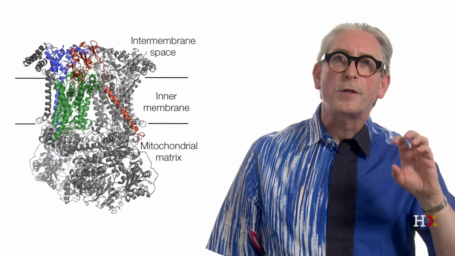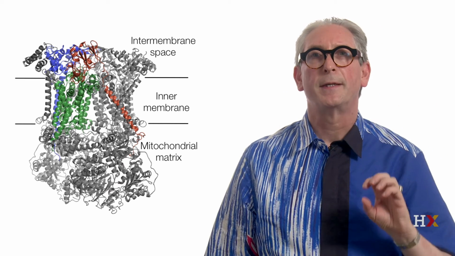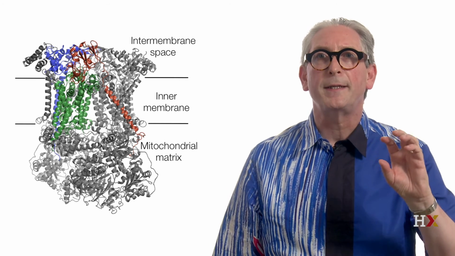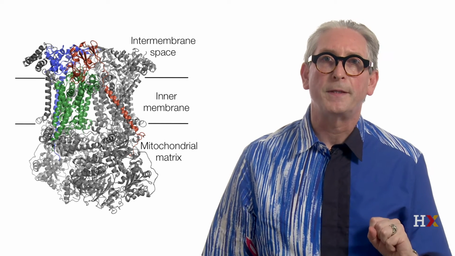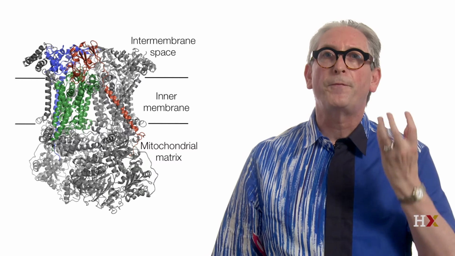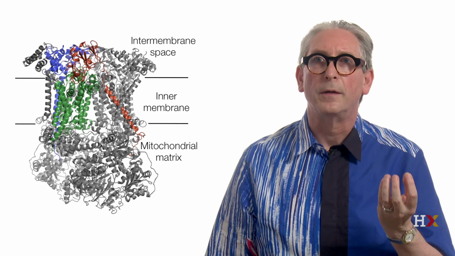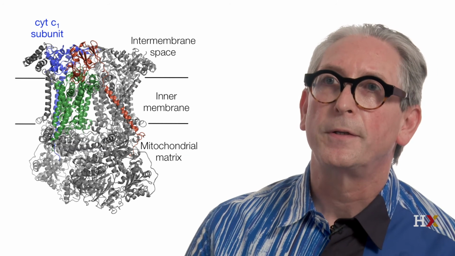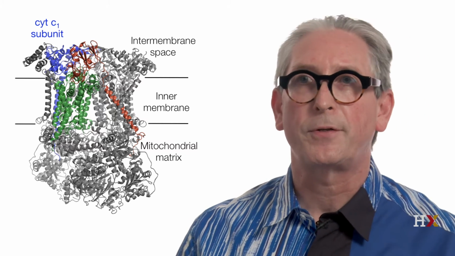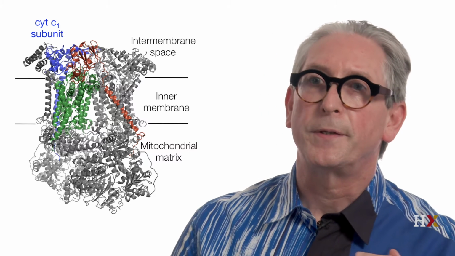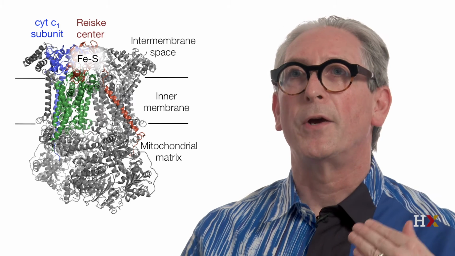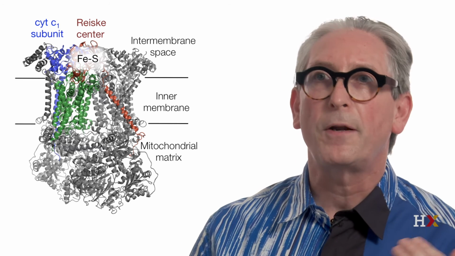different subunits. But we'll focus on 3 subunits that are represented in color on this structure that form the functional core of complex 3. The first subunit is cytochrome C1 that will interact with cytochrome C. The second subunit is a protein that contains a Rieske-type iron-sulfur center.